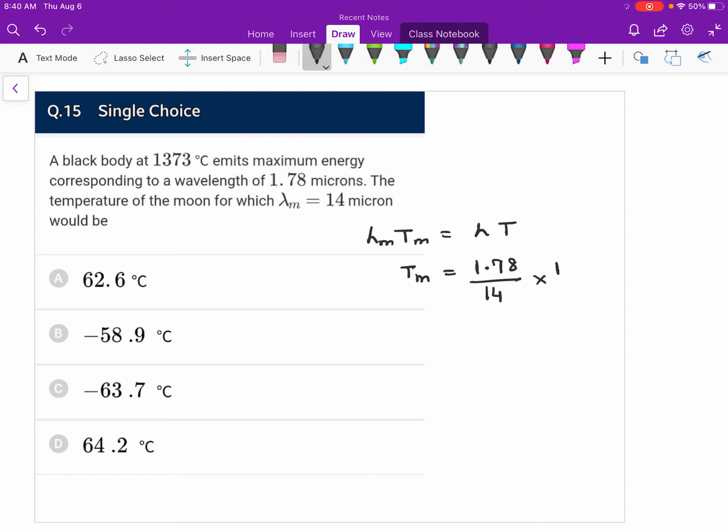Convert into Kelvin, so 1373 plus 273, which is 1646 Kelvin.